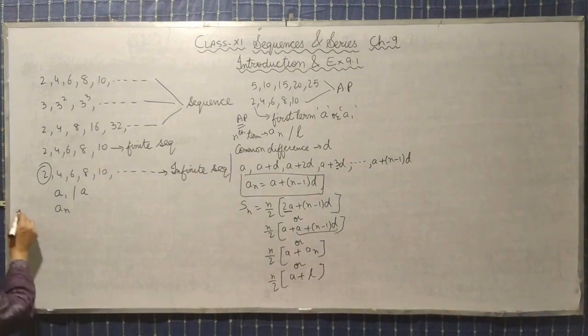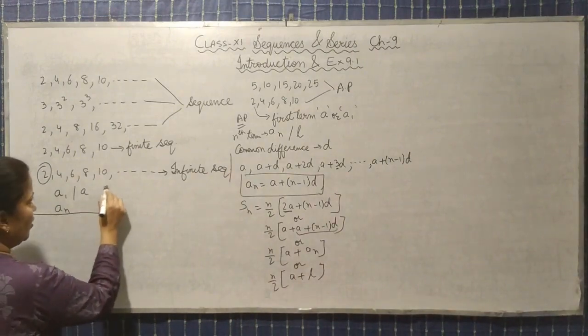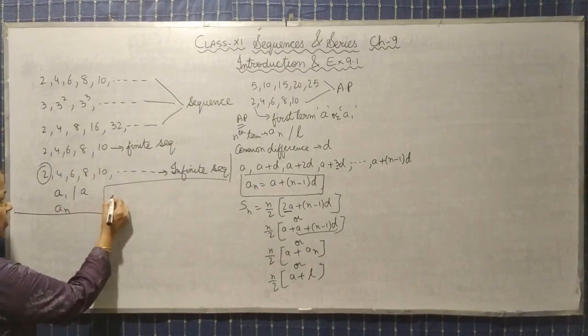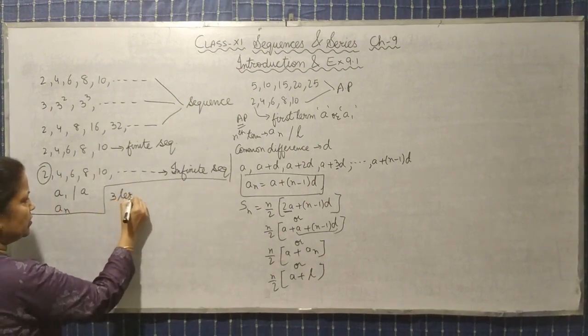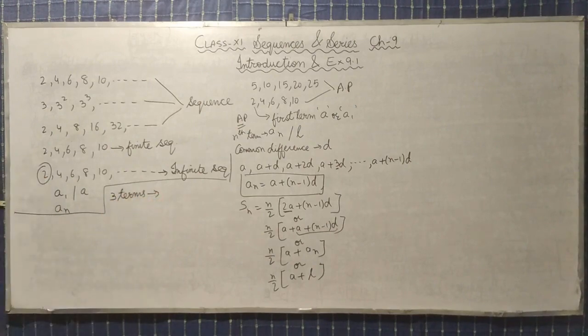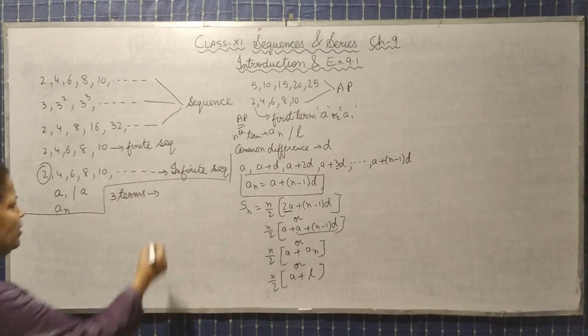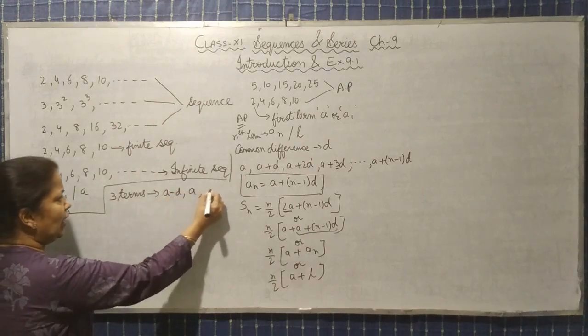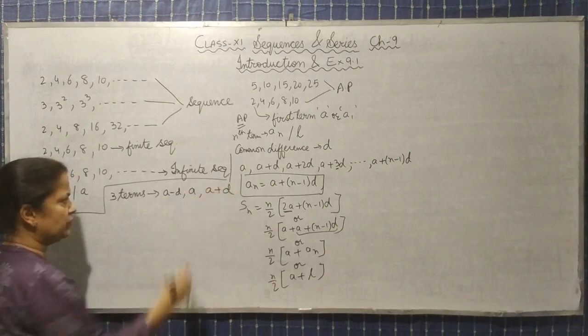Remember, in AP, if there are three terms, then normally we take A minus D, A and A plus D. Look here.